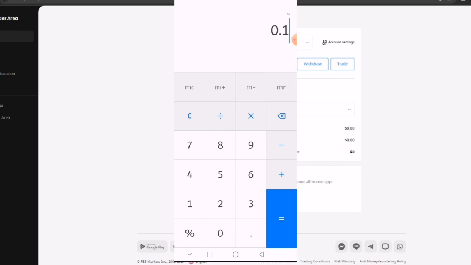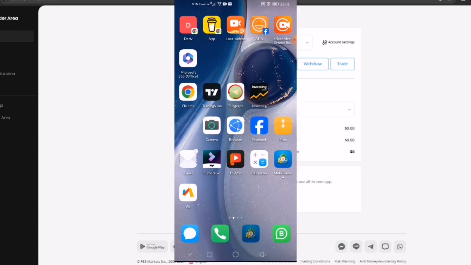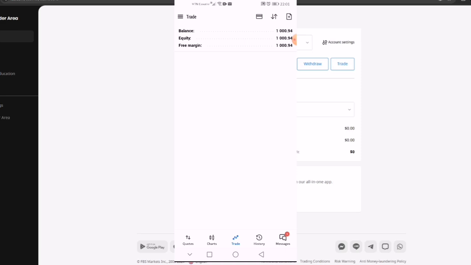Now you're going to use 0.1 for your lot size. Please watch this video again and again so that you understand this whole thing. So here you are going to use 0.1 for the lot size.